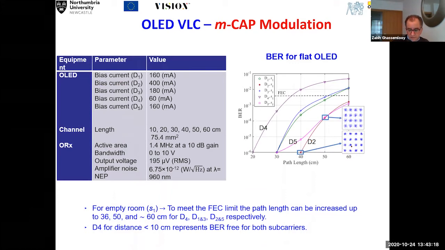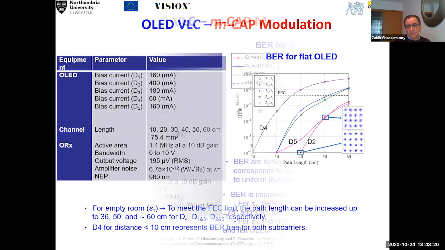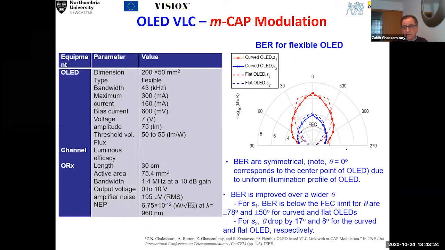Very nice constellation diagram. And then we compared it with the flexible OLED. And you can see that again, the flexible OLED gives you a bit rate well below the boundary of your FEC limit. And this just demonstrates that your SNR is not changing that much if you bend your device.